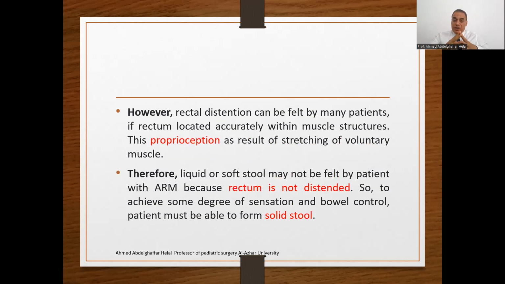However, there is still some type of sensation present in these children, what's called rectal distension. If the rectum is located well within the sphincteric complex, this rectal distension will produce what is called proprioception, a type of sensation that results from stretching of the muscles.